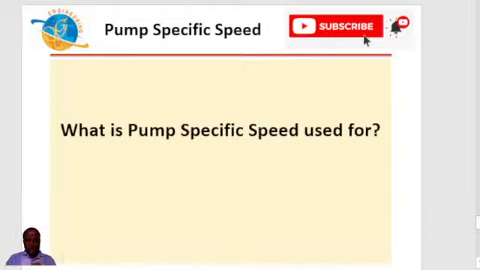So now we need to look quickly at pump specific speed. What is pump specific speed? What is pump specific speed used for?